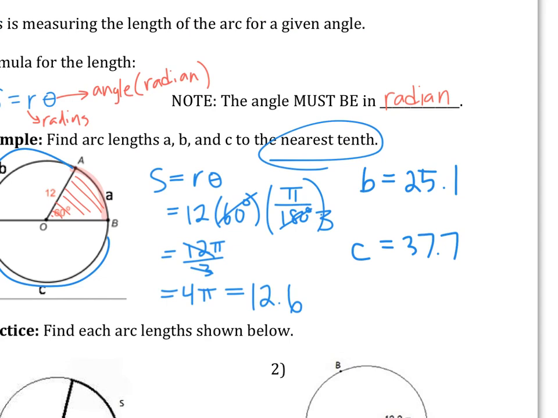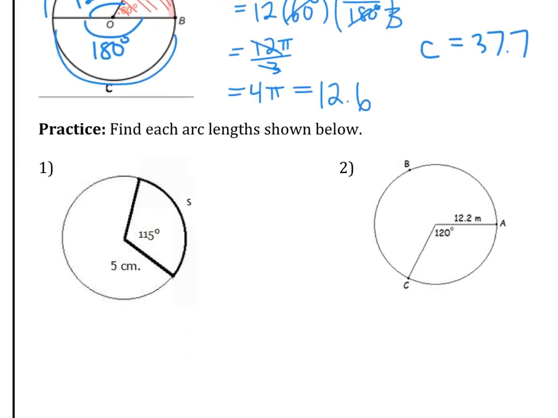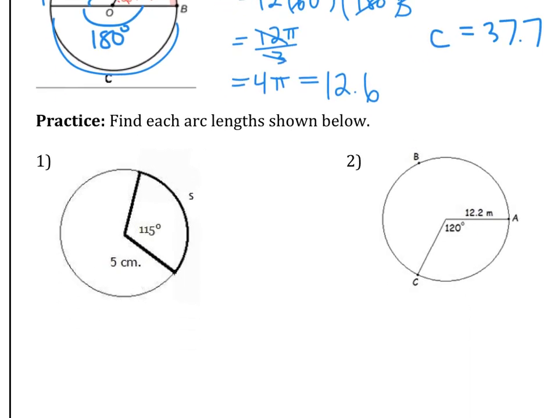B is 25.1, and that is because the B angle here is 120 degrees, so you find the arc length that way. And C is going to be half of a circle, so that is 180 degrees or pi, and then you find it that way. Okay, so you can go ahead and try these.